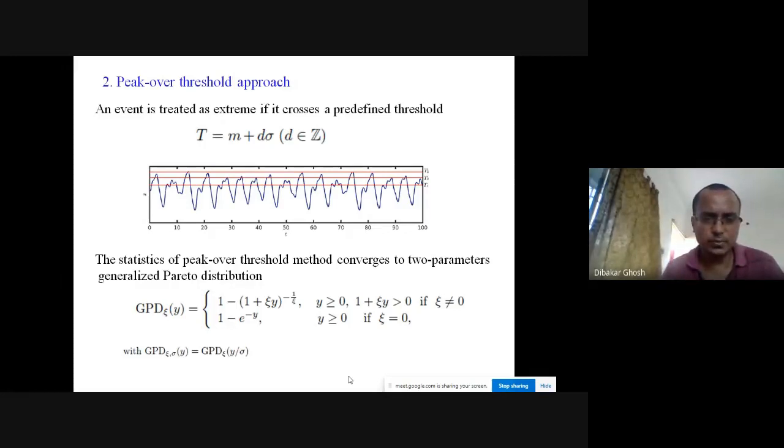But the problem with the block maxima method is that many excellent candidates close to extreme events are neglected due to the choice of only the maximum point in each block. So there is a disadvantage of this method. For one-to-one correspondence between block maxima and the statistical model, one should consider a large amount of data.